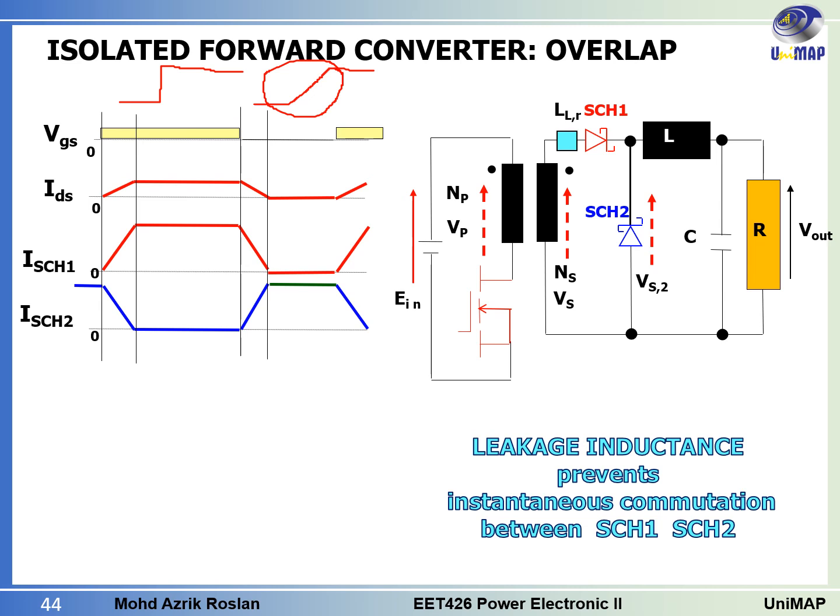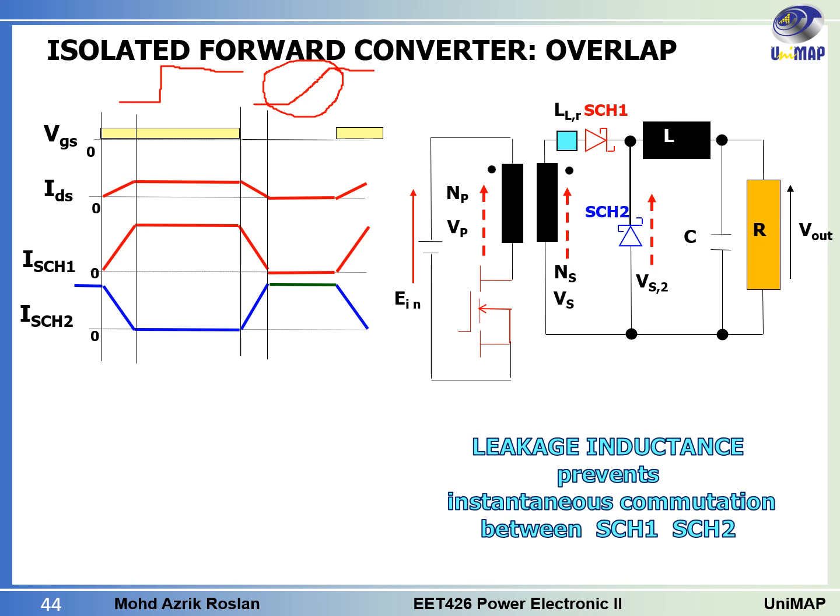So here the effect that it has for the Schottky 1 is, instead of when the VGS is turned on, instead of straight away reaching the second value, it will take time to reach this value. For the I Schottky 2, before this, I mean when the switch is off, what will happen is it will have the flow of current here. So at this level, the blue line here.